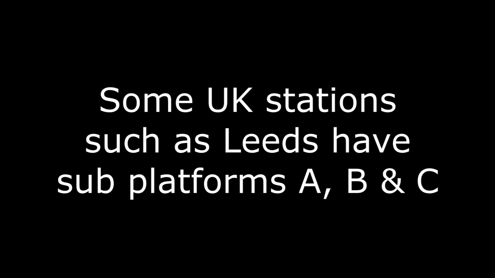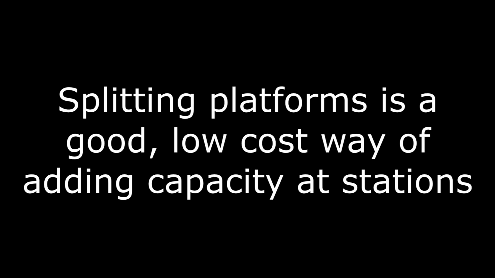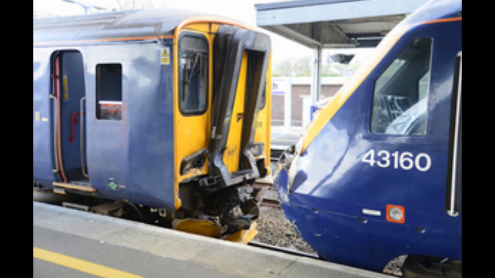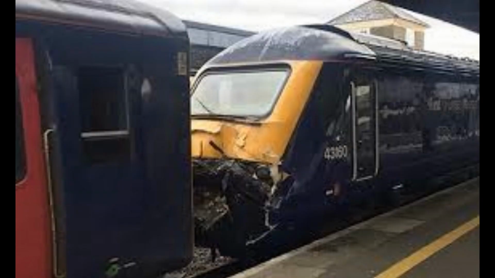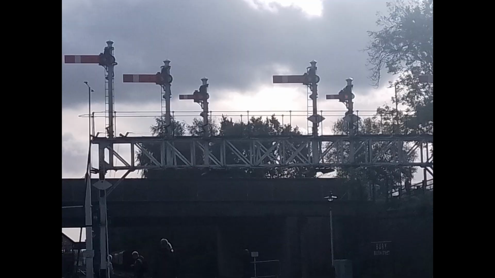So you'll get platform 2A and 2B. You can signal a train into platform 2A, and then you might want to signal a train into platform 2B. Or you might have two trains that you want to join up and make into a longer train. So how do we do this?